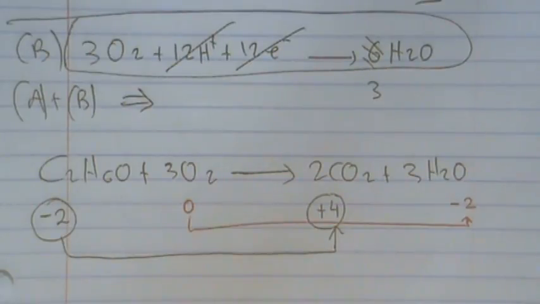So the element which is oxidized is carbon, right? It specifically tells you the element. It doesn't tell you which compound. You have to be very careful with the terminology, right? It does not ask you which compound is oxidized. It says which element is oxidized, carbon. And then it tells you the name of the reduced element, from 0 to -2, a reduction of the oxidation number algebraically. So the name of the reduced element is going to be oxygen.